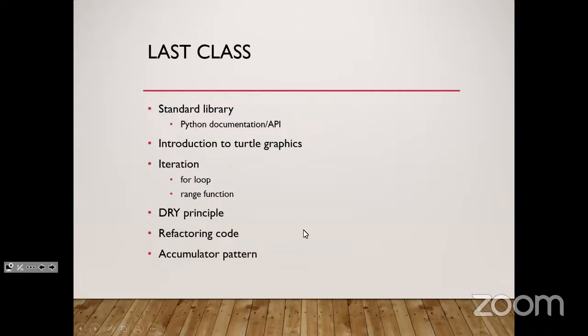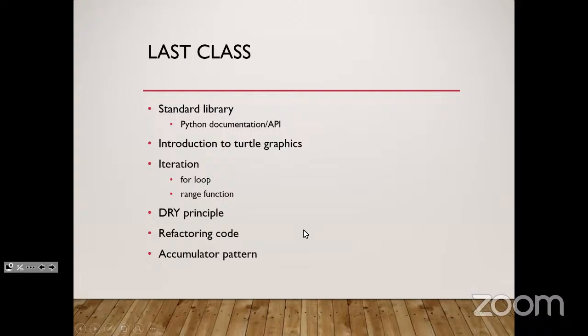Last week, we talked about the standard library. We talked about turtles and how to create one and draw with them. We talked about loops, specifically for loops with ranges. We talked about the DRY principle because we don't want to repeat ourselves.